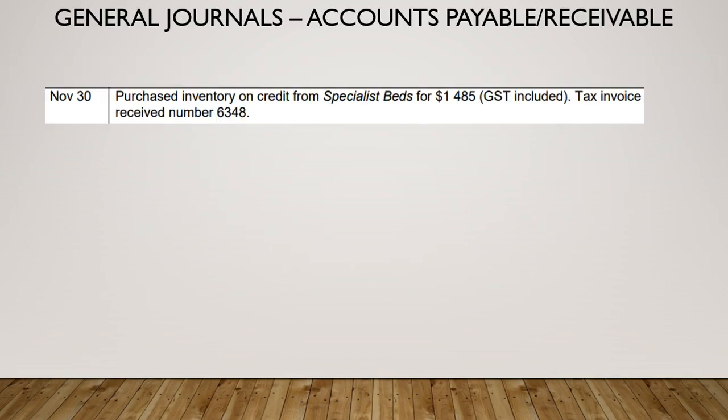Let's look at another one. So very similar, bigger amounts. We're going to try it again. So we purchased inventory, so straight away it's an asset going up. How do we pay for it? Not by cash at bank. We have to make an account for specialist beds.